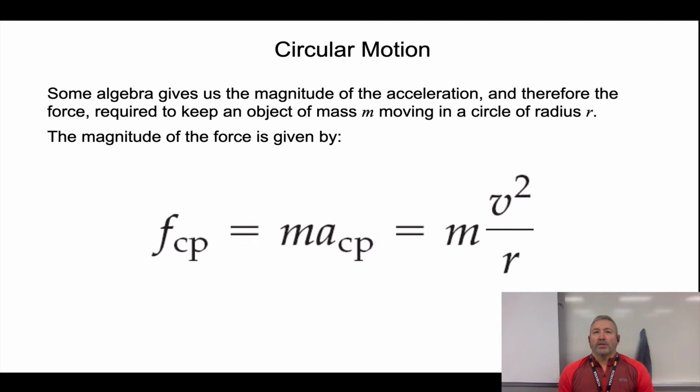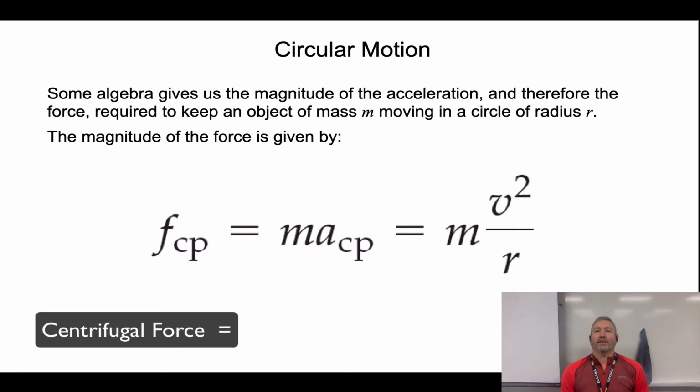So centripetal force is always a force that maintains its perpendicular orientation to the motion itself. It doesn't slow it down or speed it up. It causes it to change direction. And our formula is mv squared over r. This is centripetal force.